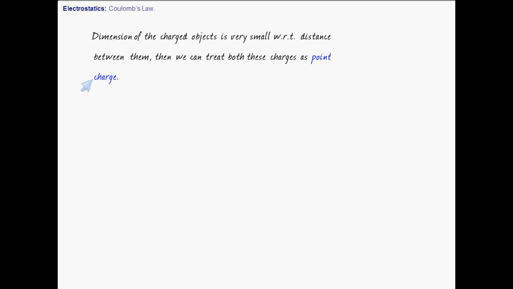Okay, so whether I can treat these two objects Q1 and Q2 as point charges or not depends upon the distance between them and their dimensions. It does not depend upon Q1 and Q2, that means the magnitude of charge.